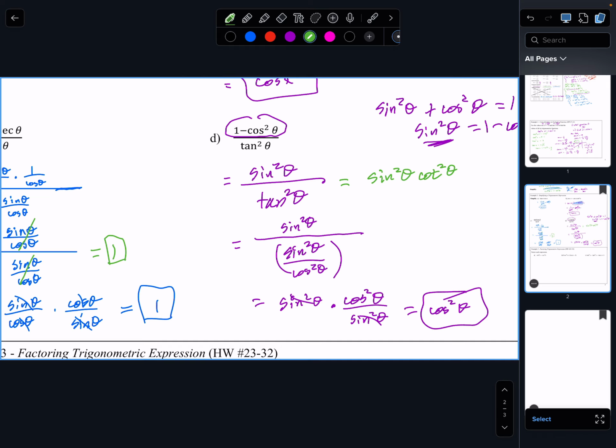So you could say, well, the reciprocal of tangent is cotangent, so I technically have a 1 over tangent. I can make it cotangent in the numerator, and then cotangent is cosine over sine squared.